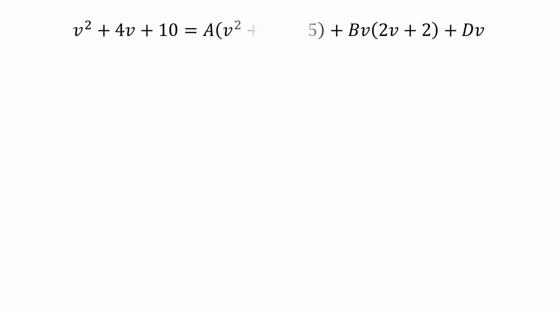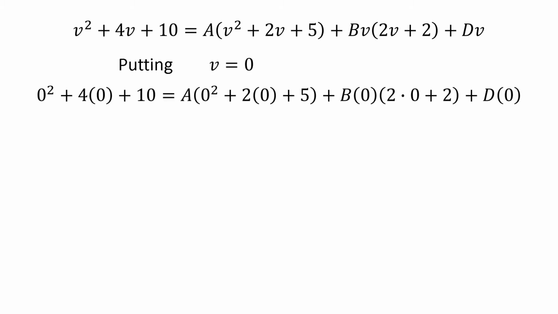Now that we had cleared out fractions, we can assume the values of the roots of the factors of the equation identity. If we put v equal to 0, substituting the values will simplify into 10 is equal to A times 5.